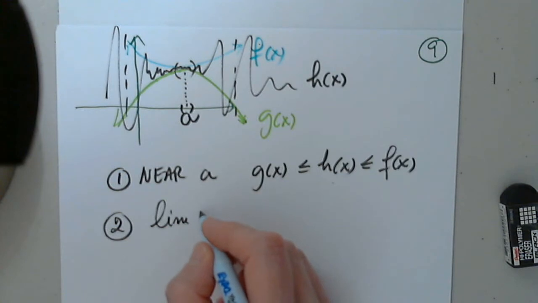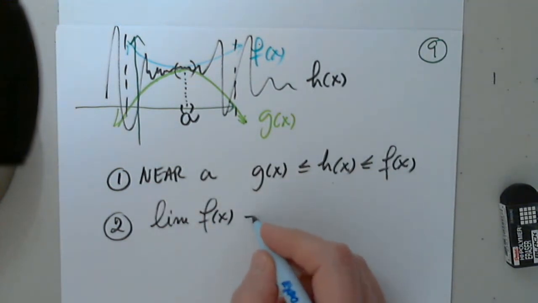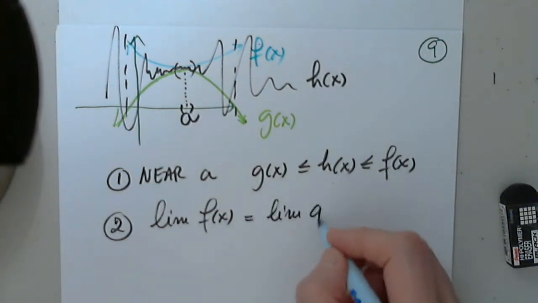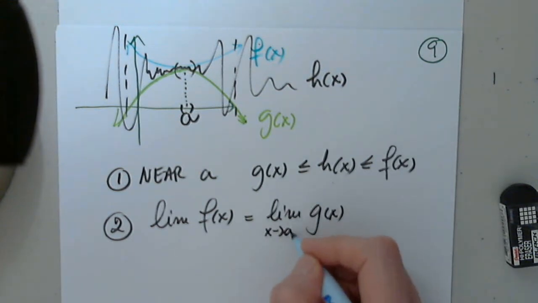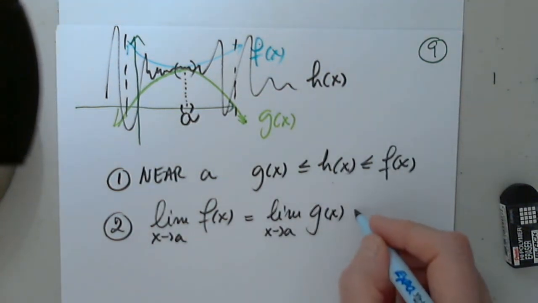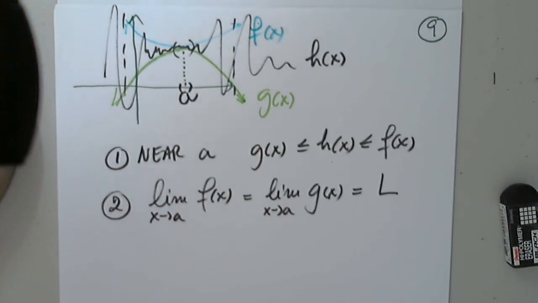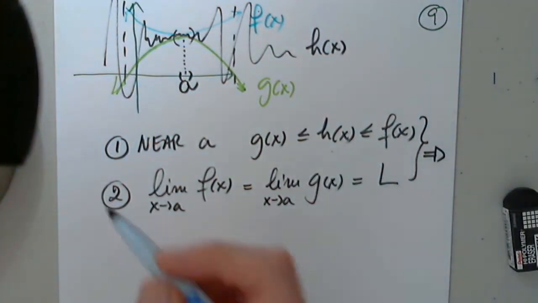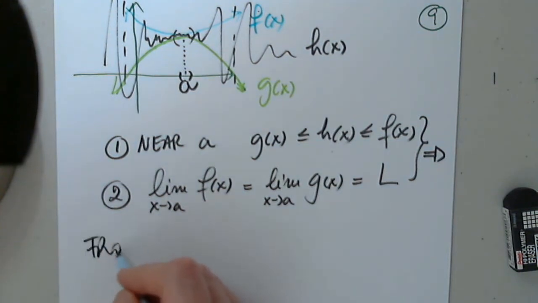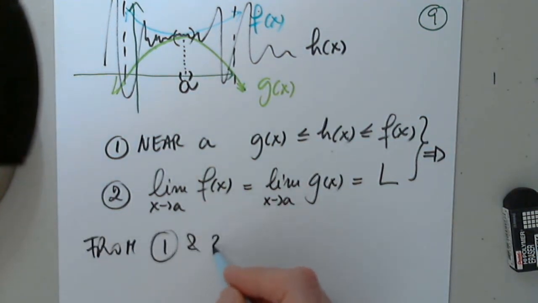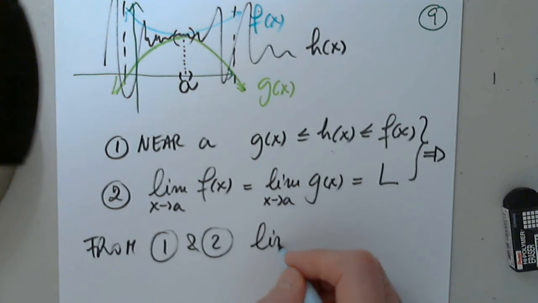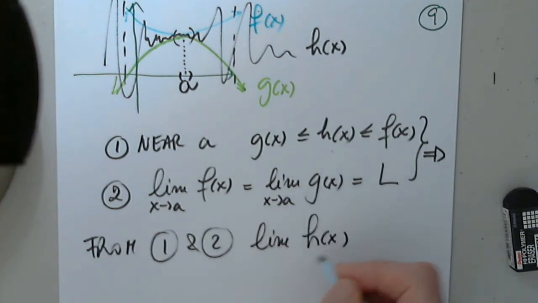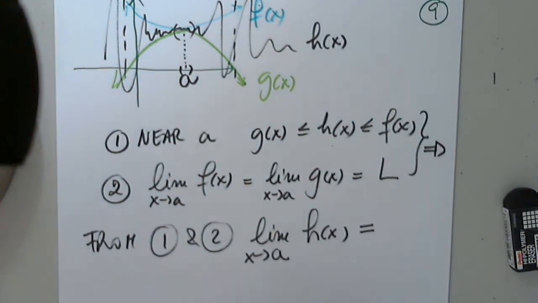Number 2. If the limit of f of x equals the limit of g of x as x approaches a from either side and equals a number L, can anyone conclude for us from 1 and 2? From 1 and 2, what do you think the limit of h of x as x approaches a from either side will equal, assuming both conditions are fulfilled?